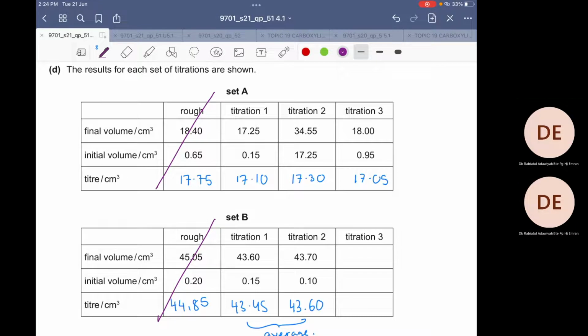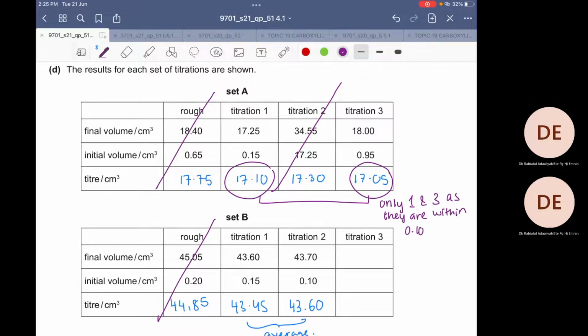So, do you see titration 1 and titration 3 are within 0.10 centimeter cube of each other. So we will only take the average of titration 1 and 3. Automatically, titration 2 will not be included in our calculation.